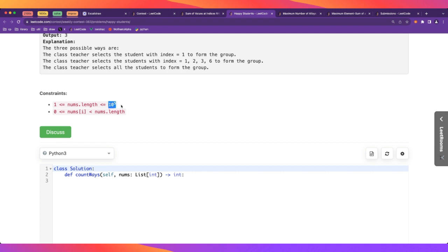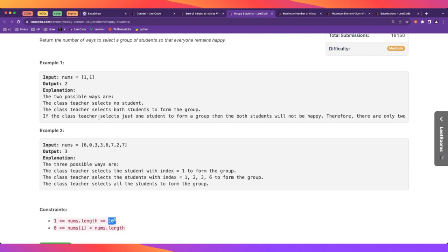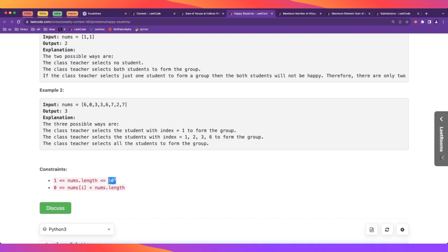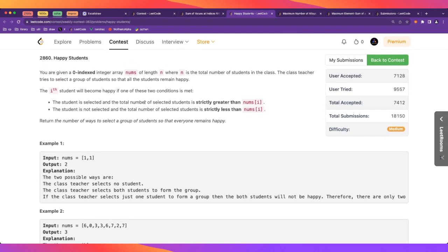There are 2. So you can select 0. So for example, here we're told that the selected students could be 0 up to 10 to the 5. So maybe we can try all those total numbers and see what happens here.